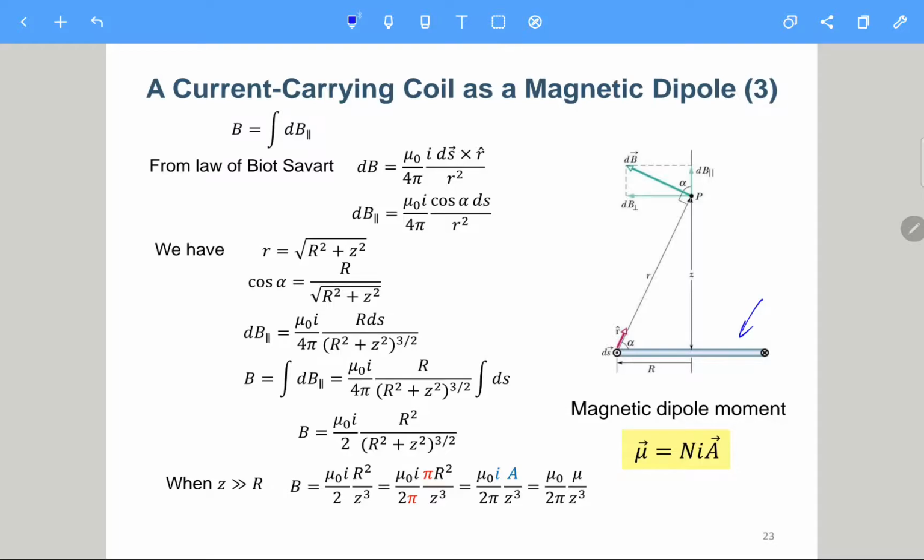But in this graph, we show it in the cross section. So you can only see something like a line here, but actually this is a circle, this is a loop. And we consider for this point the current is going out of the page, and at this point the current is going into the page.